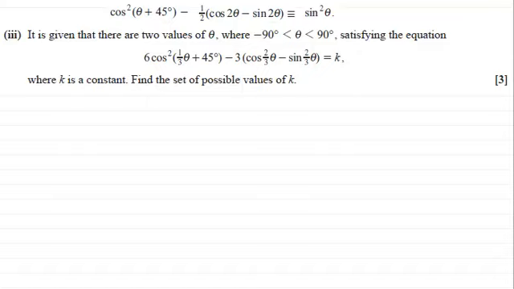Okay, so for this question, what we've got to notice is that we can generate this equation here by taking our identity that we're given and multiplying throughout by 6. Okay, so we've got 6 times a half there, which is going to give us that 3, and then this is identical to 6 sine squared theta.